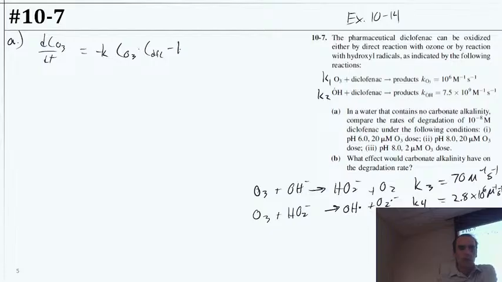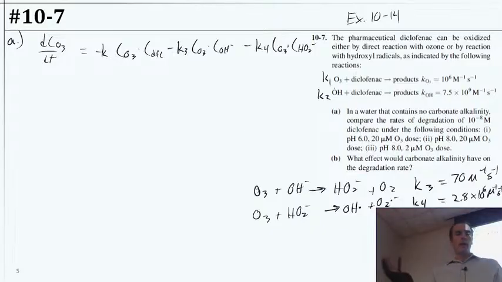So this would be K3 times our ozone times our hydroxide, and K4 with the concentration of ozone and the concentration of this HO2 minus. Okay, with all of that, we can find a rate of change of the ozone.